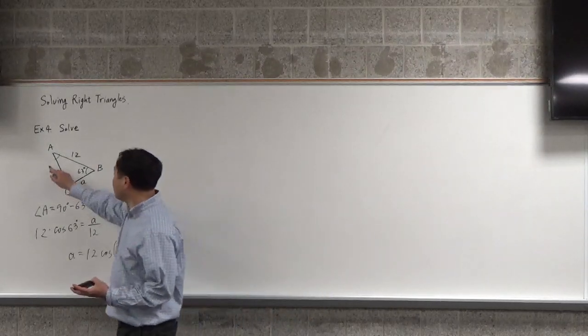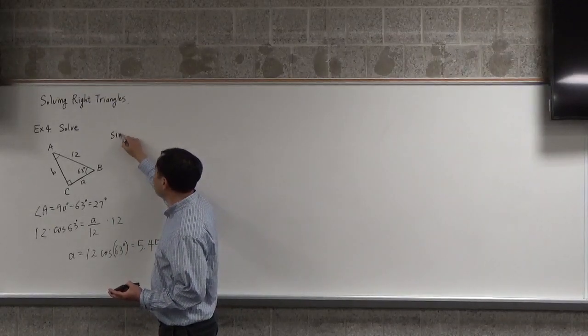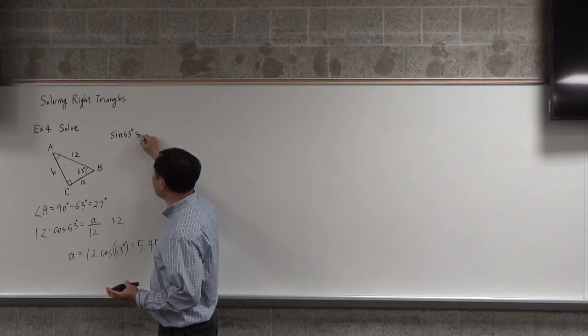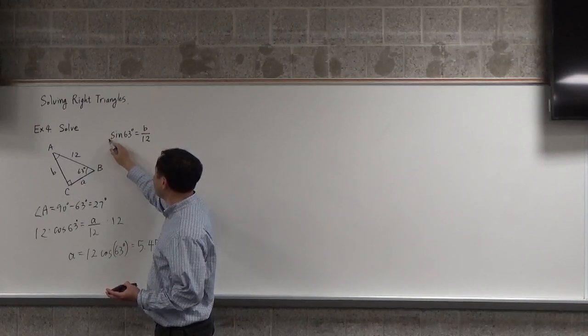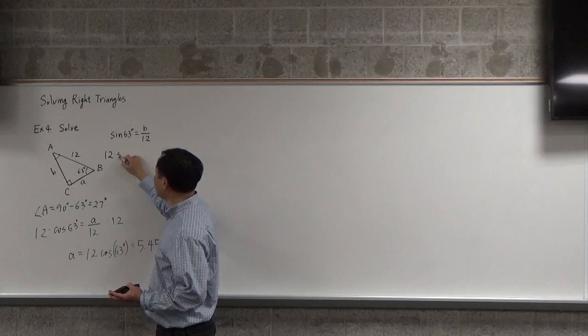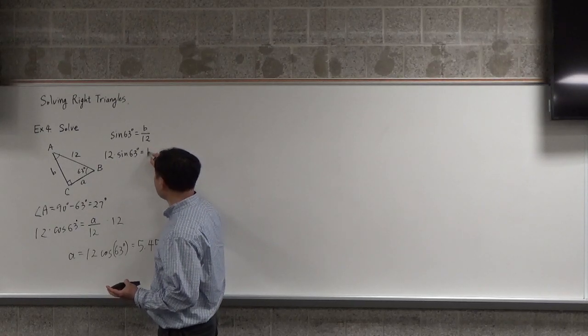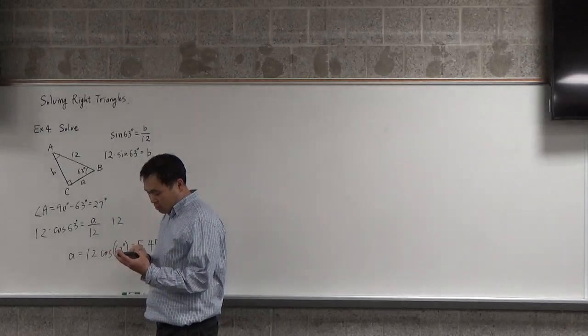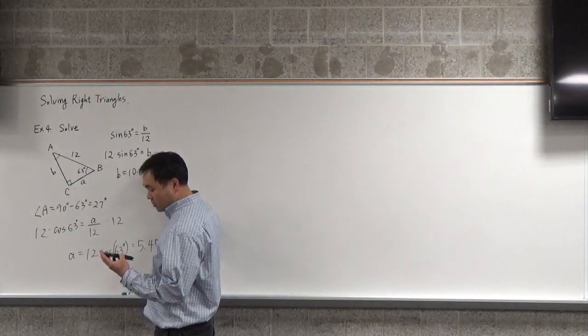How would you get B? Yeah, sine of 63 degrees would be B over 12. And again, if you multiply 12 both sides, you get B as sine 63 degrees times 12. So I get B as 10.69.